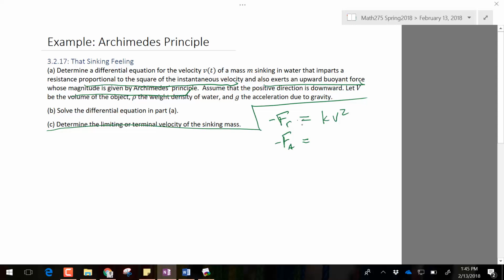So the density of the water, this is the weight of water displaced. So that's rho times V.